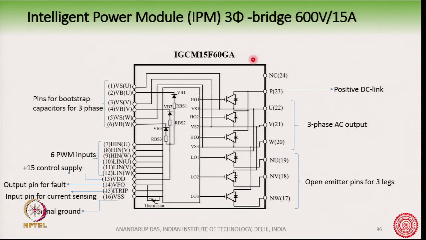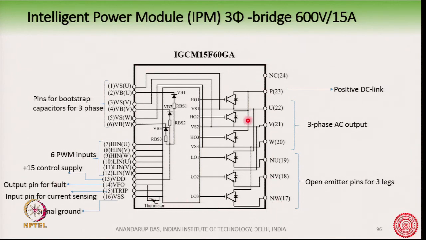So, the advantage of this whole thing is that the power devices are inside, the gate driver is inside, even the bootstrap resistance and diodes are inside, and also you see there is a thermistor, so there is temperature sensing inside. There are also some additional protections, all of them inside this IPM module.